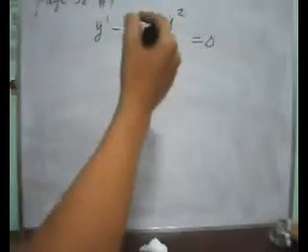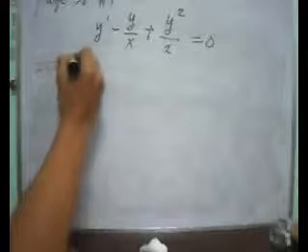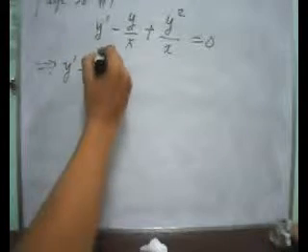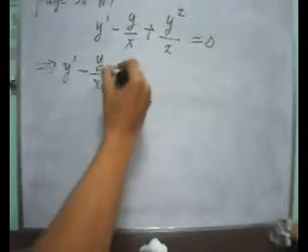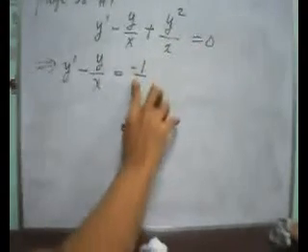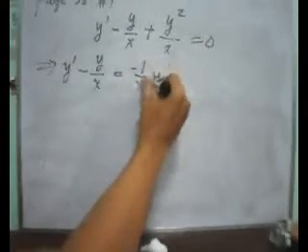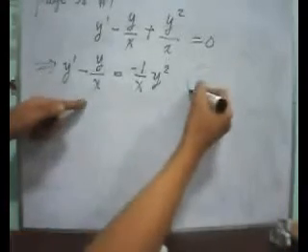Now rearrange in the following equation, we get y prime minus y over x equals negative 1 over x times y squared. Now notice that this is a Bernoulli equation.